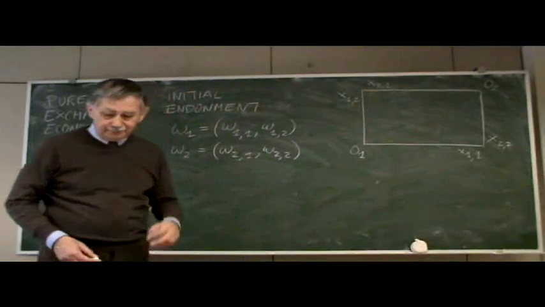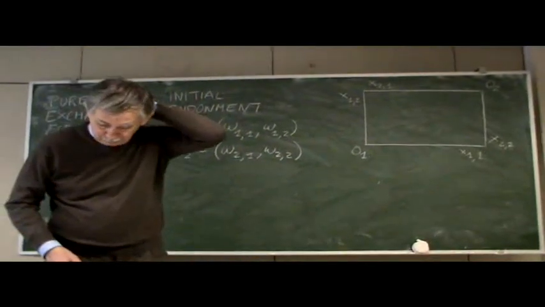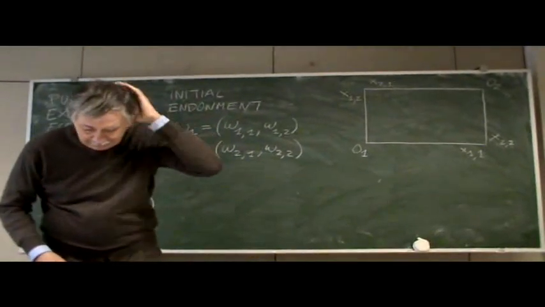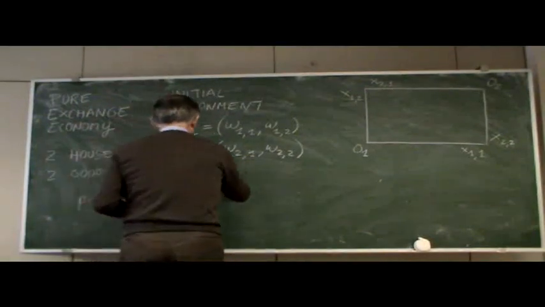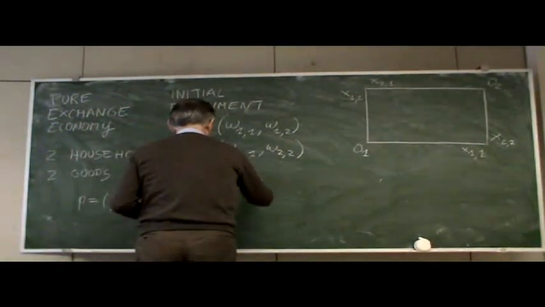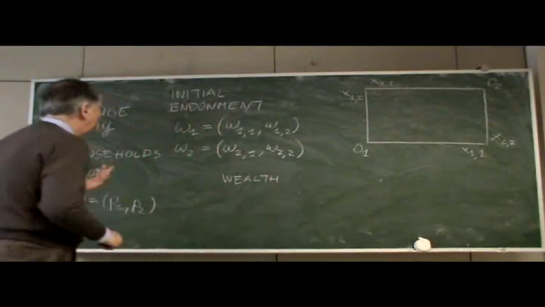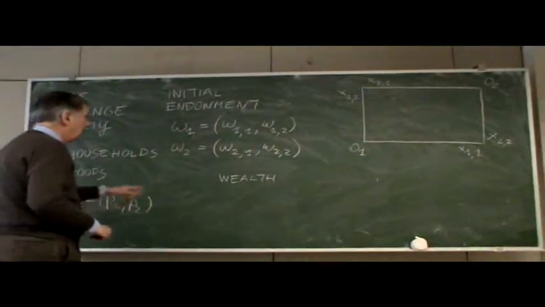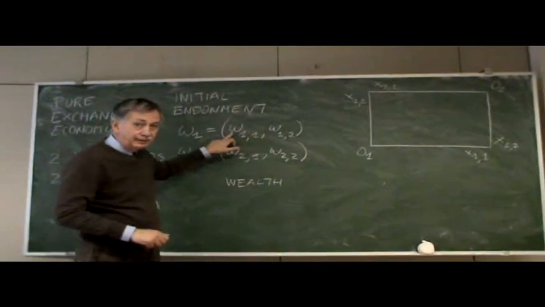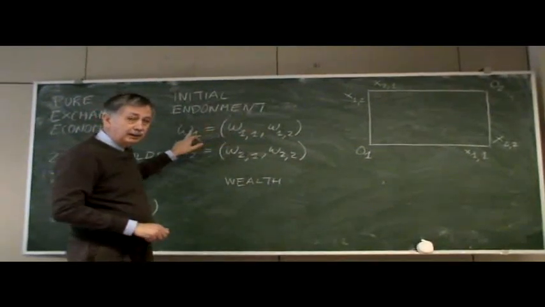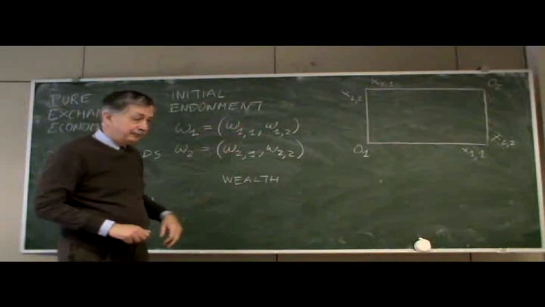By means of prices, it is possible to define the wealth of a consumer, simply by multiplying every price by the corresponding quantity in his initial endowment.